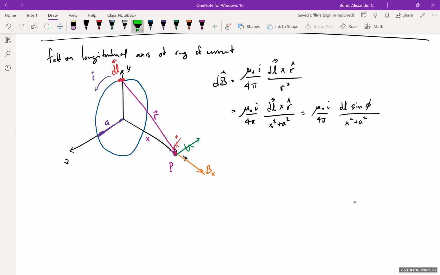I'm looking at this. That's the component of vector r that is in the YZ plane. It's radially inward. And if we drew it at a different point, let's say here, it would point radially inward.